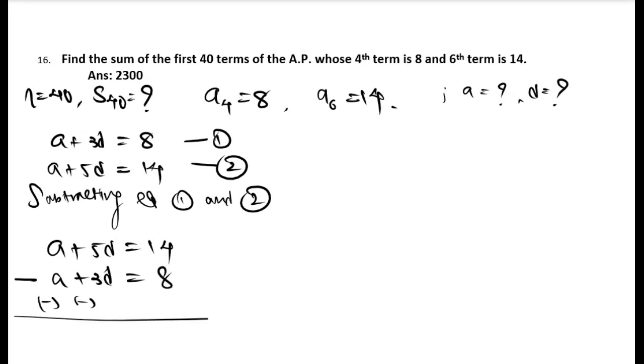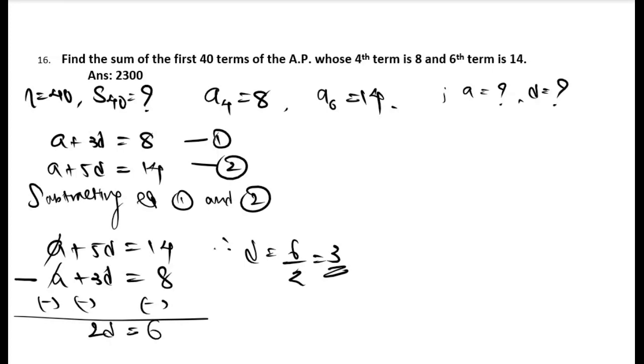A minus a will cut. 5d minus 3d is 2d. 14 minus 8 is 6. So therefore d is equal to 6 by 2, which is 3. D is equal to 3.